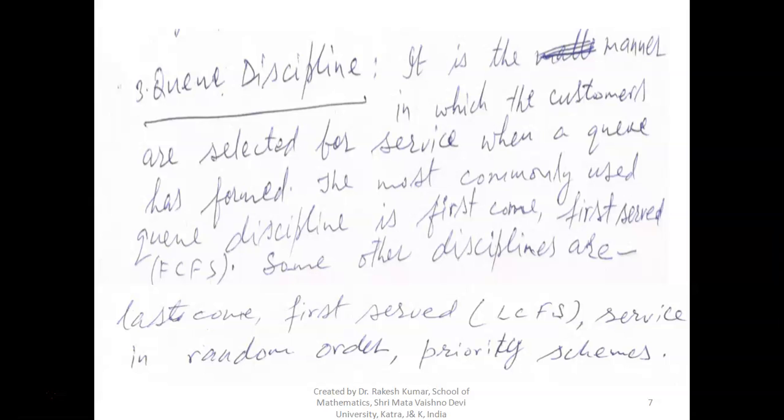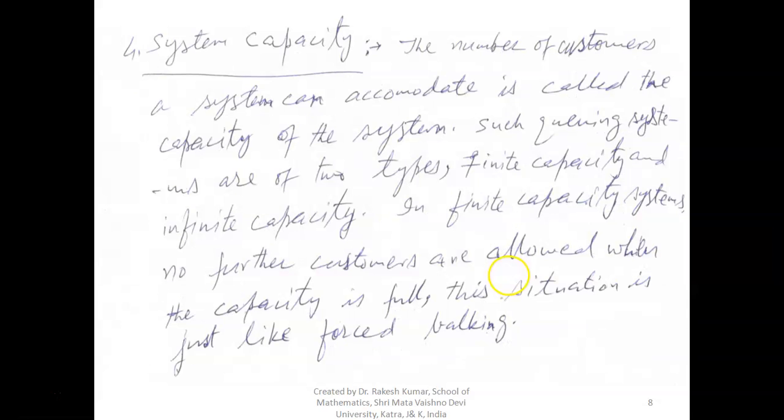In service in random order, the systems have no order maintained, and anyone can get service randomly. The priority schemes are where particular types of customers are given priority for service over the others. These are of two types: preemptive priority and non-preemptive priority schemes.